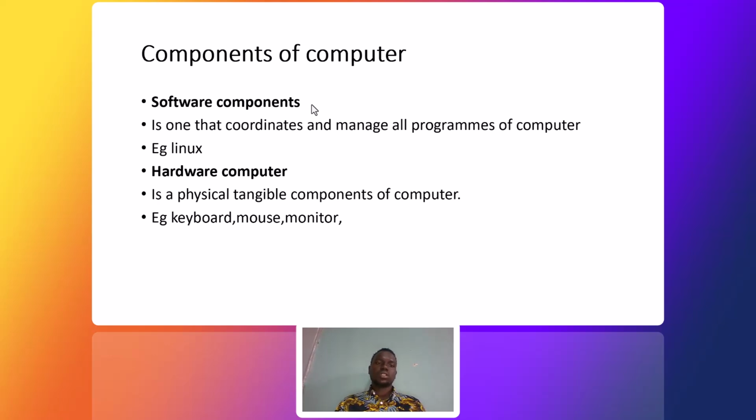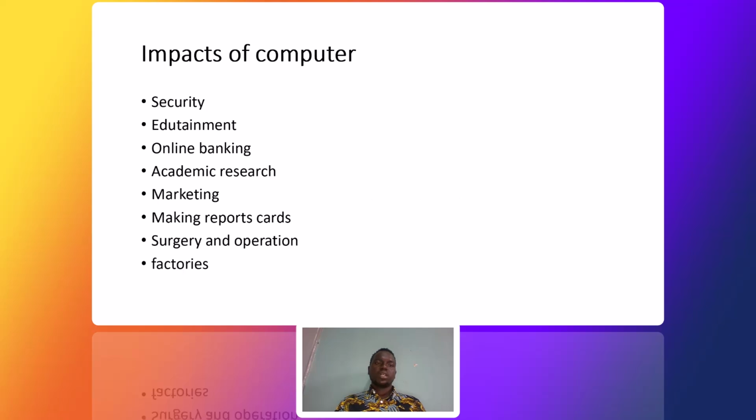So the computer is just something simple. The next thing is the impacts of the computer in our communities and localities. The first thing is security. Take the example of CCTV cameras installed at our gates and the rest to provide us security.